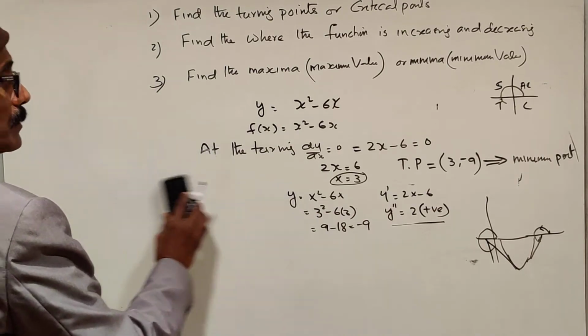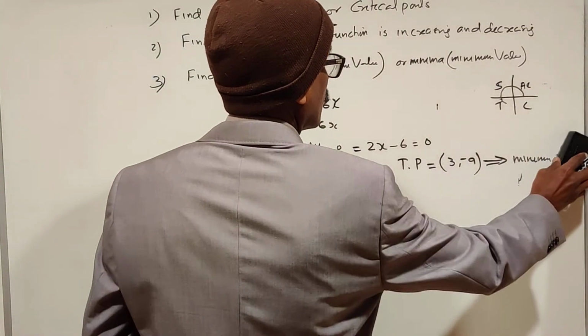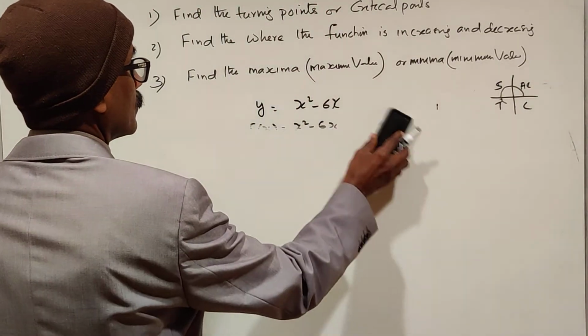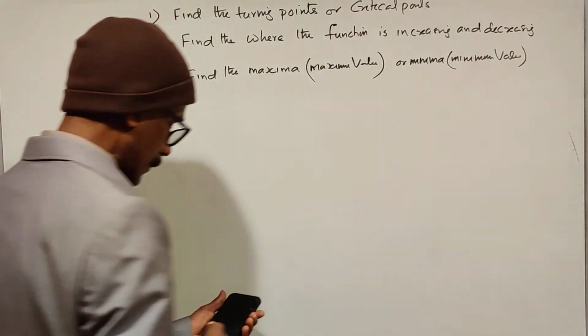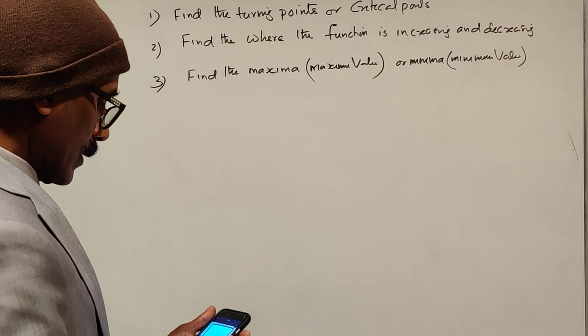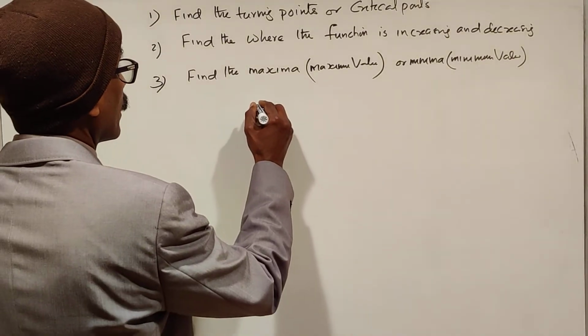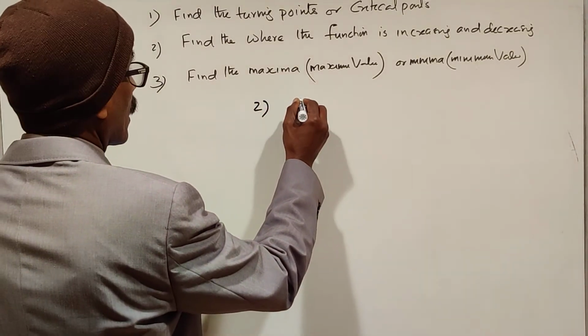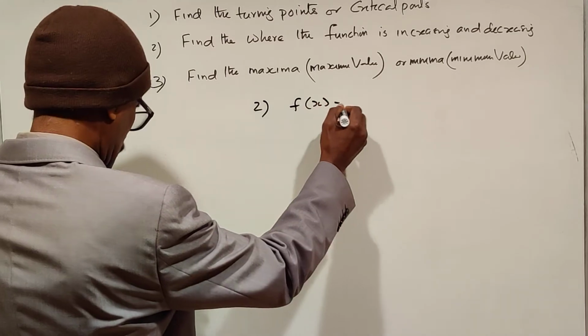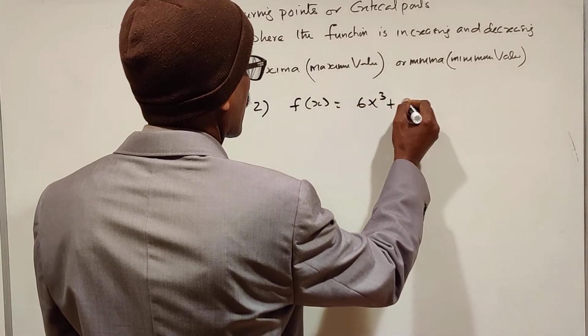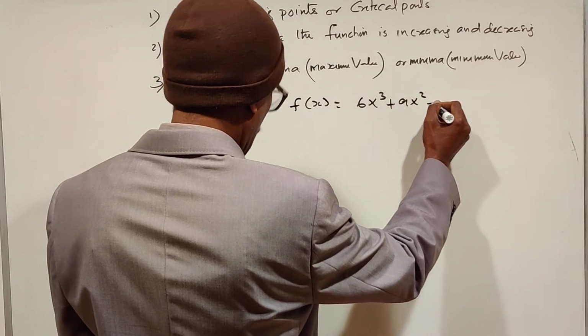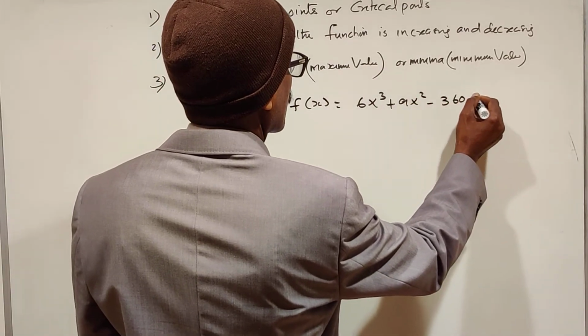Okay, second problem. Problem 2: f(x) equals 6x cube plus 9x square minus 360x.